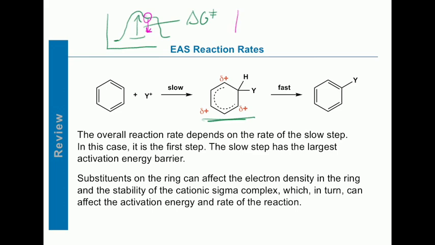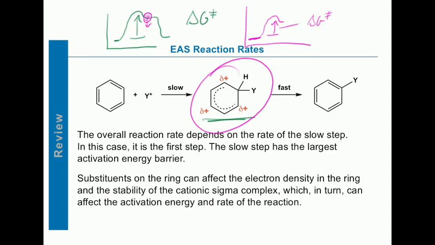So although the conversation we're making is about the stability of an intermediate, it impacts the rate. Because if I take that intermediate and stabilize it in some way, the same starting material will now have a lower barrier here. So by lowering the delta G between my starting material and my intermediate, I consequently lower the delta G double dagger to the transition state to that same intermediate.